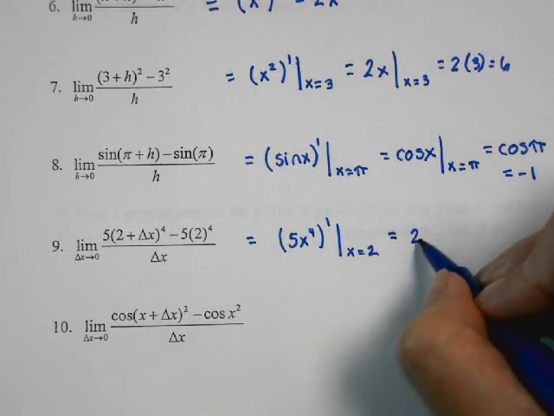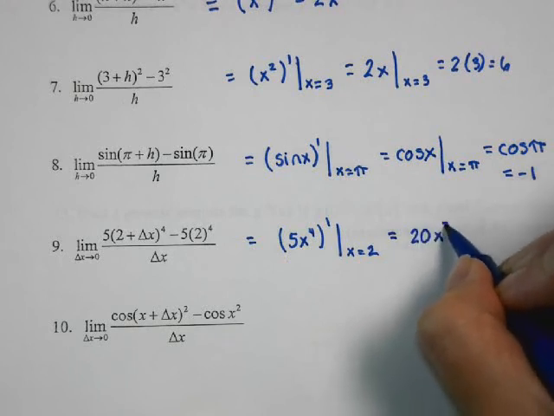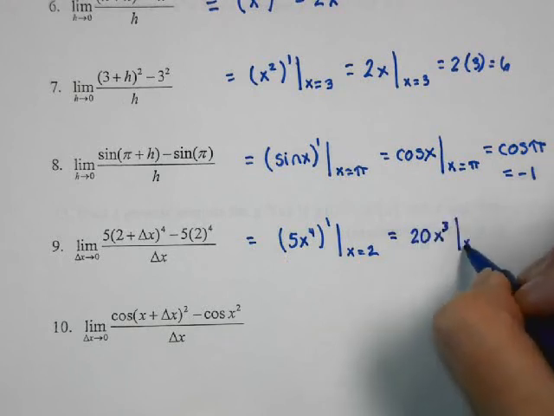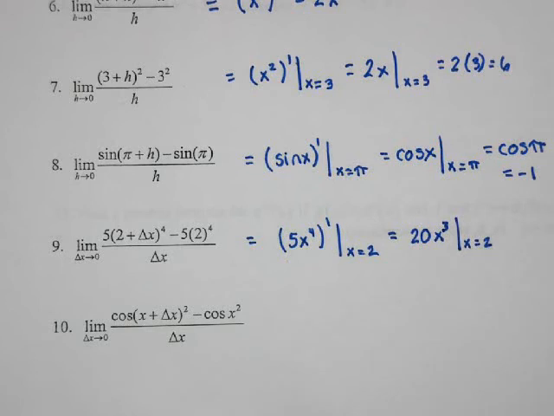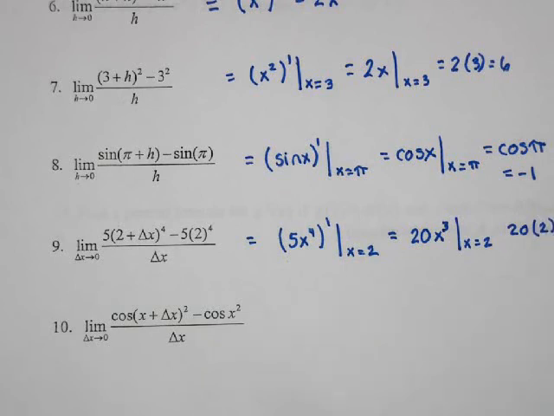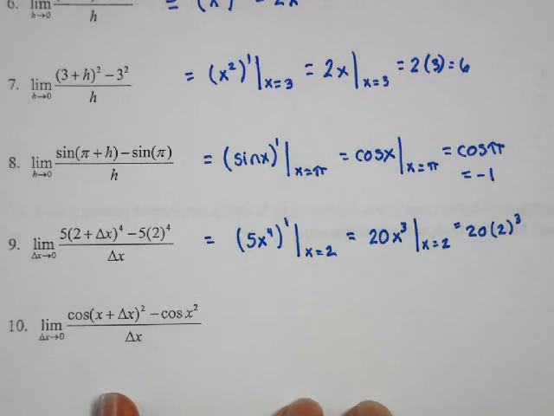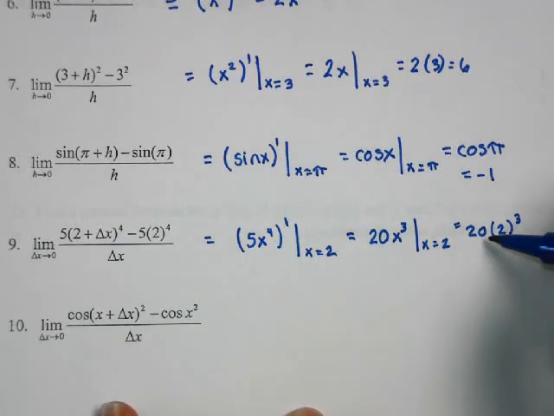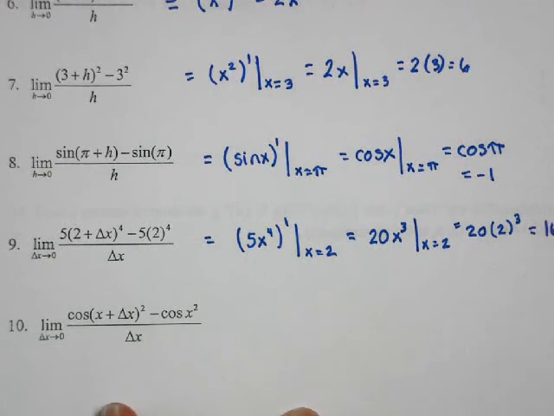So this is going to be 20x cubed evaluated at x equals 2. So that's going to be 20 times 2 cubed, so 20 times 8 is 160.